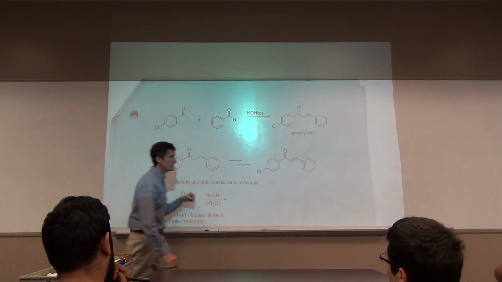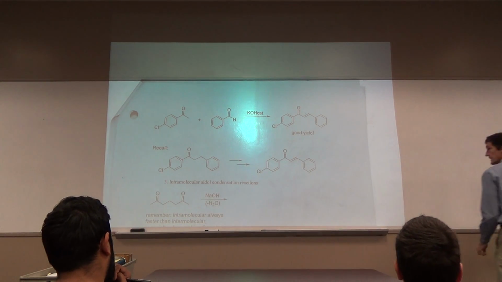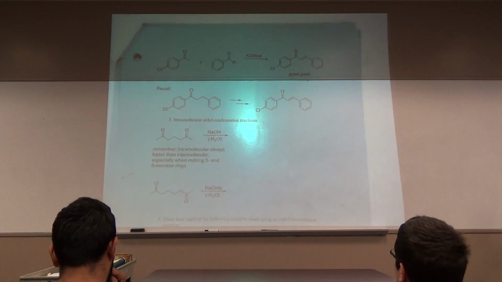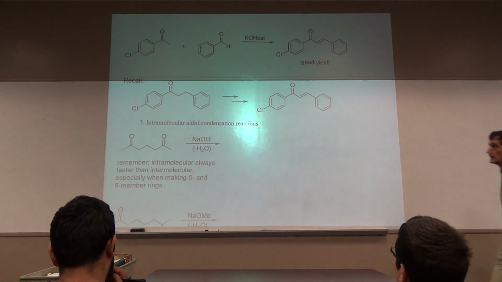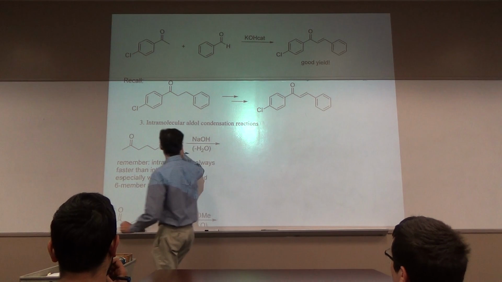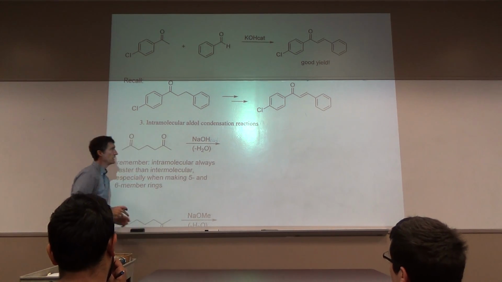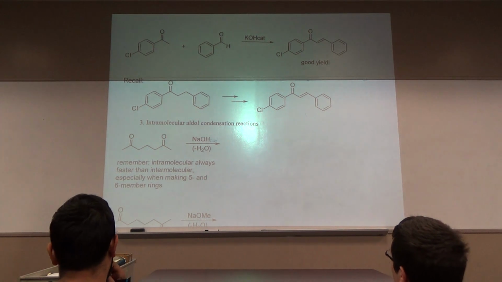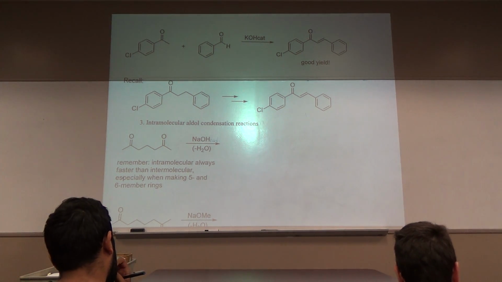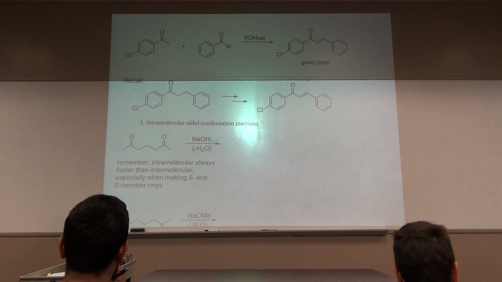Can you do these intramolecular? Yes, you can. You take this compound right here, treat it with base. It's actually going to be catalyst. We can get an intramolecular reaction to form a ring.